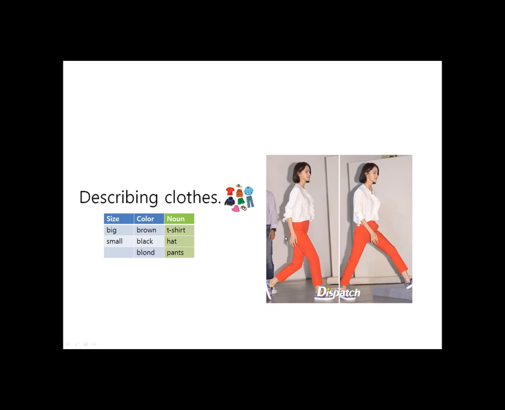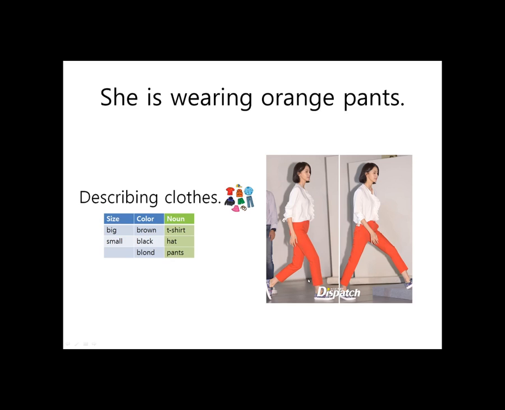Okay, so these are clothes. We will describe her clothes. How do we describe these? First, what's the noun? What are the things? What's this? Yeah, pants. So what color are these? Yeah, orange pants.